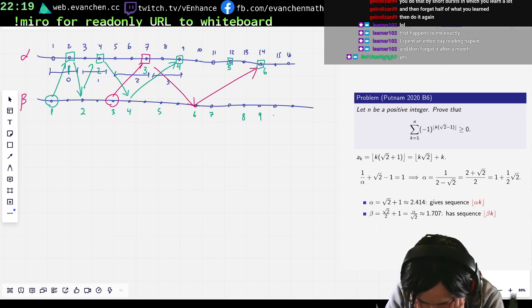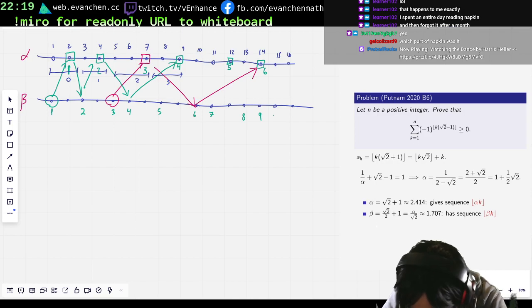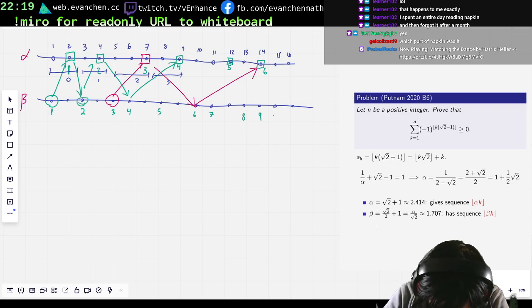I don't know what to do with these chains. Every number is in a chain.